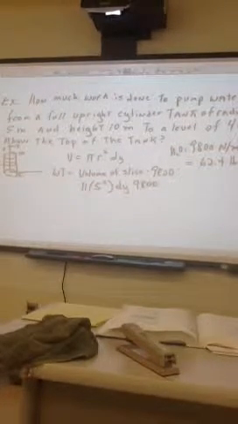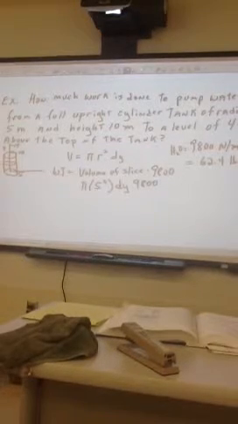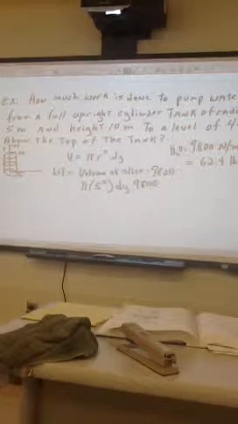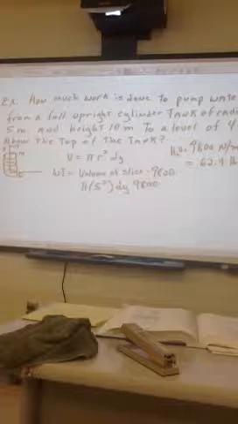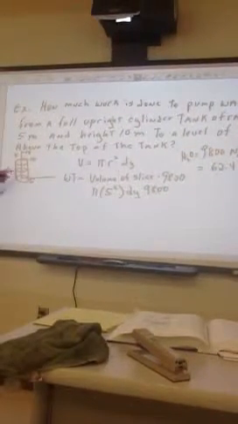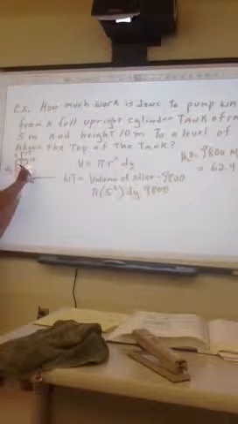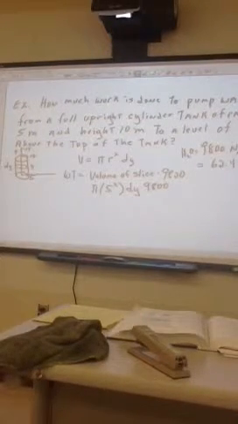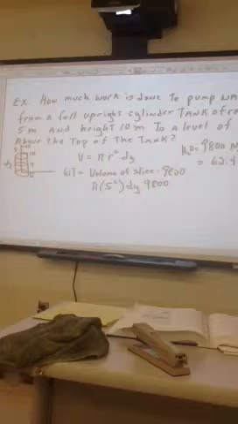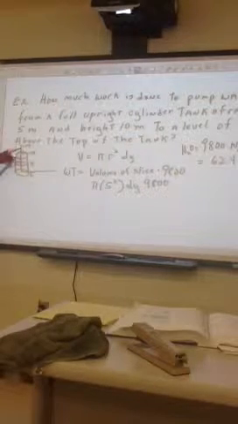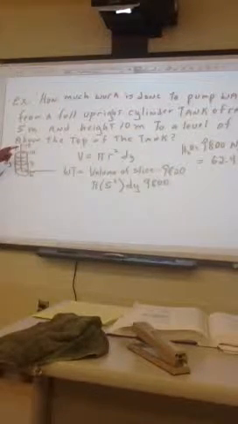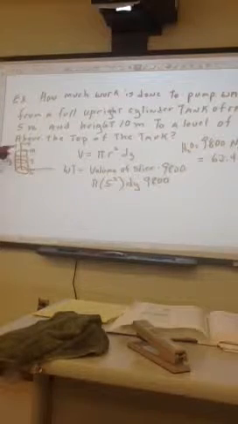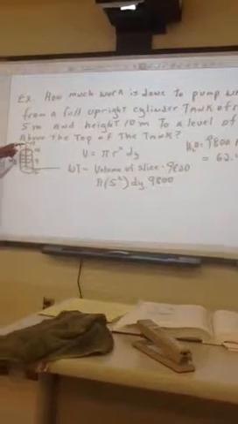Work is going to be the force, which is the weight, times the distance I have to move that slice. So if this slice is up at y, 10 minus 4, worse than that, I got to move it 4 feet. Oh, yes, I got to move it 4 feet farther than the 10.